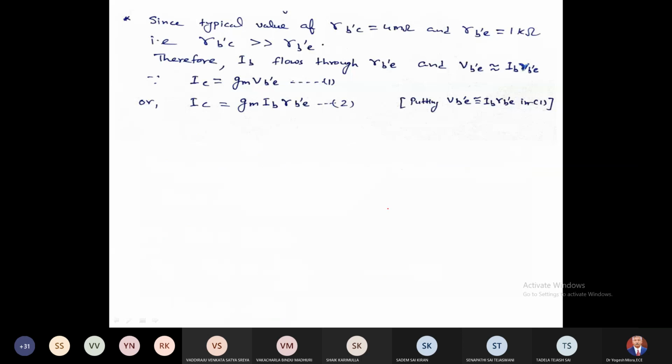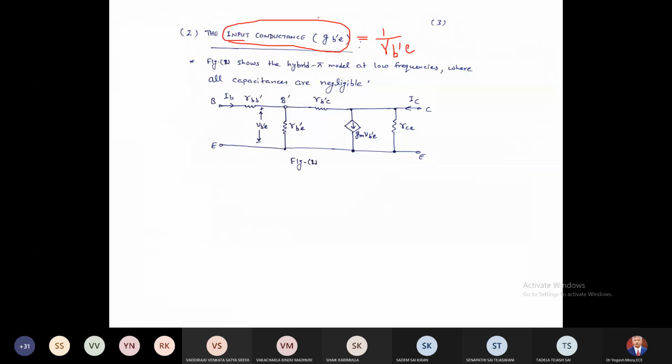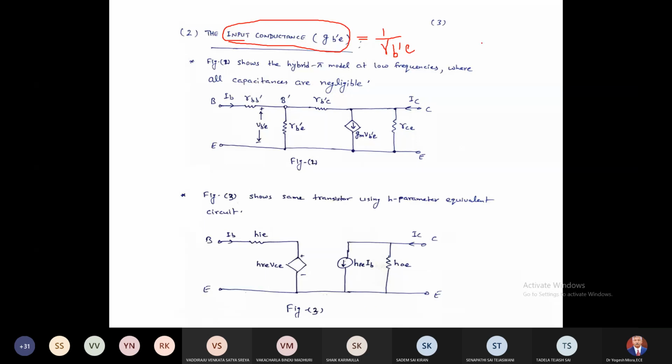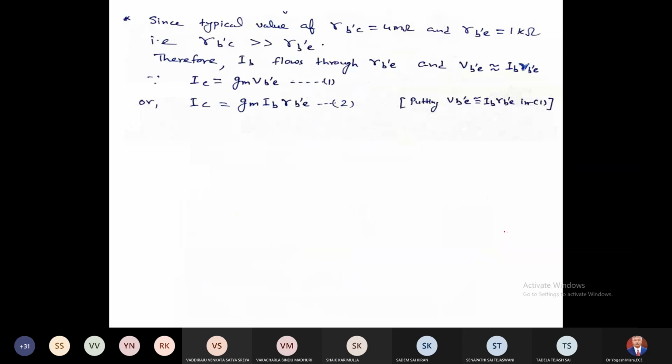So how we calculated? First, you draw the hybrid pi model at low frequency. You remove the capacitances. Then you draw the equivalent H parameter model, right? Now, since the value of RB'C is greater than RB'E, therefore full IB will flow through RB'E, right?